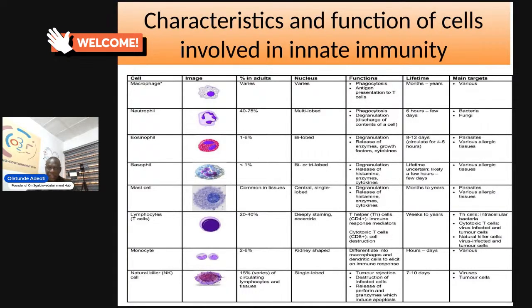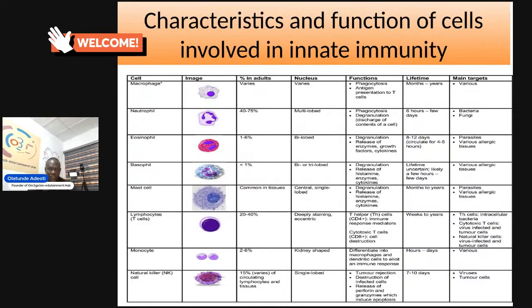Then the lifetime, the duration of its function, is just 6 hours, and within a few days it dies off. It can also target bacteria and fungi. That means whenever we have a fungal or bacterial infection, neutrophils will be recruited to the site.